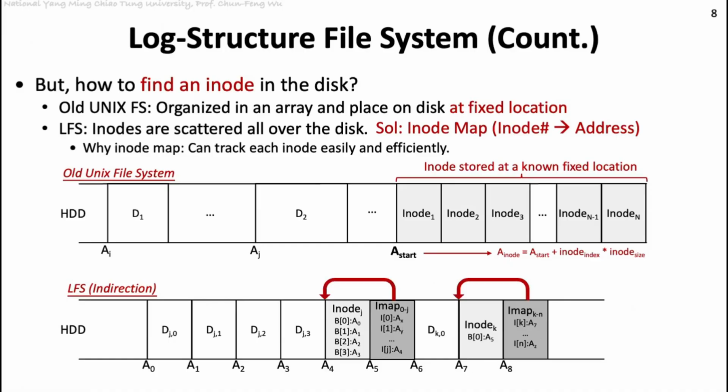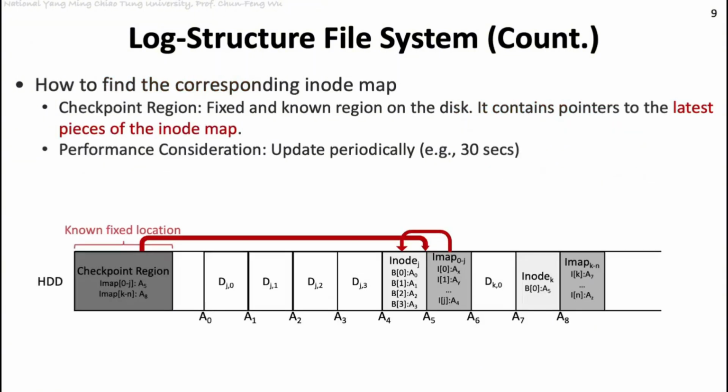But the same question remains: with the inode map, yes, we can quickly identify a batch of inodes, but how do we find the inode map? We still need a non-fixed location to know the inode map. So in the log structured file system, we use a checkpoint region that we put at the very beginning of the hard disk drive. You can think of this checkpoint region as another summary of the inode map.